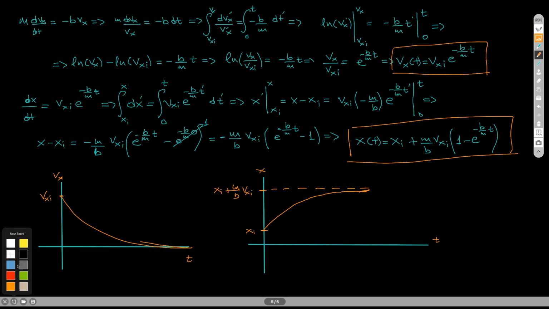And now moving on with the y, I will talk a little bit about that. m dvy dt equals minus mg minus b vy. I will follow the same process as before. I need to isolate everything about velocity on the left side and everything about time on the right side.